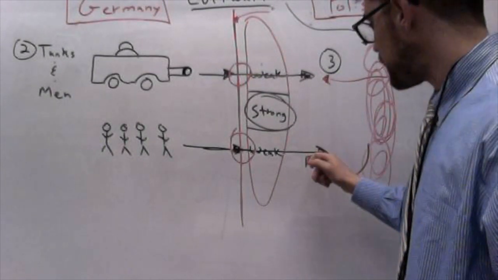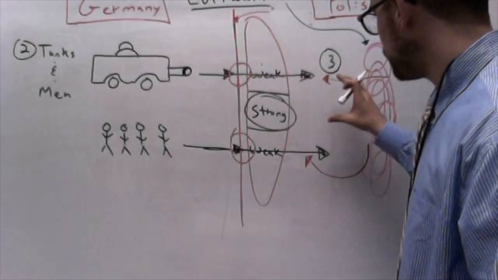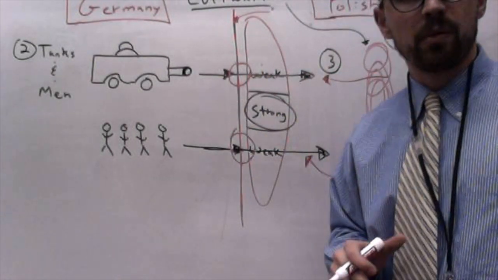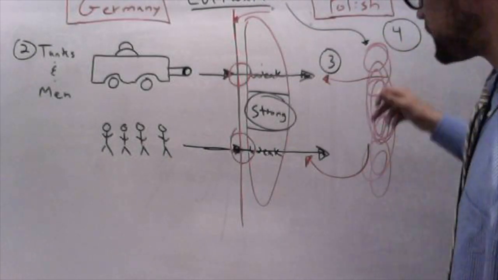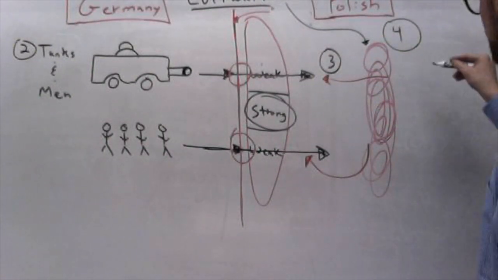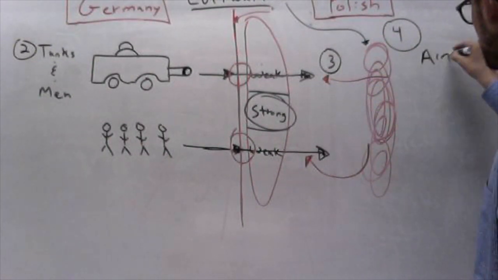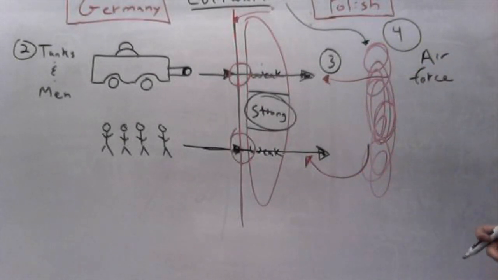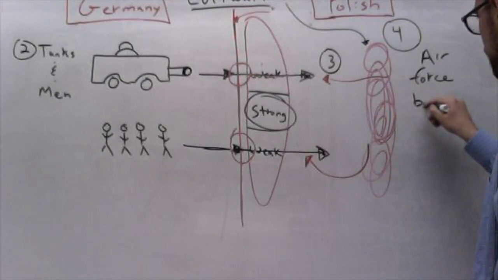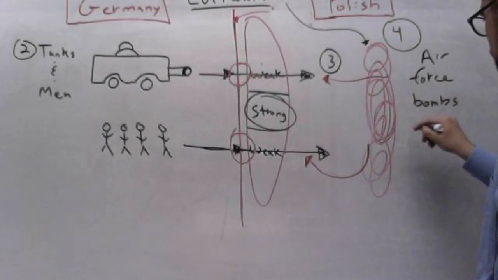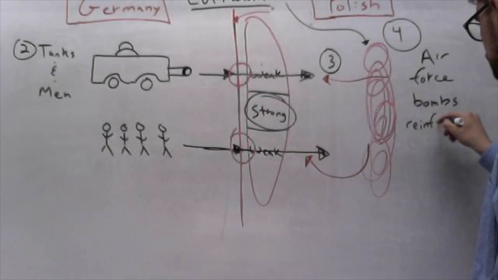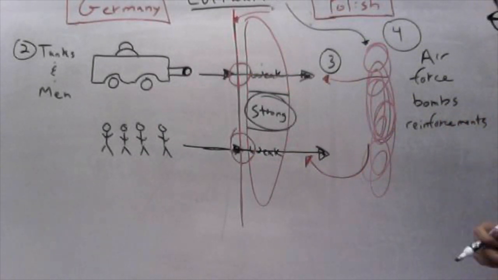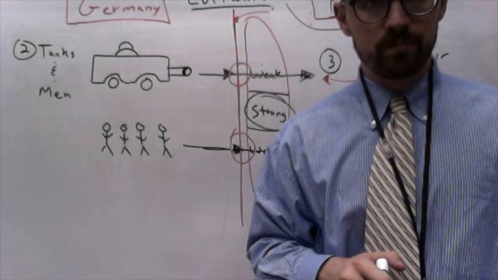So defeating this enemy that has broken through, pushing them back, and then ultimately repairing the line. The Luftwaffe, in step 4, comes in handy again, that Air Force. The Air Force bombs reinforcements.